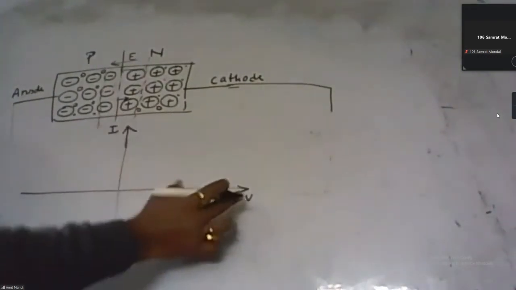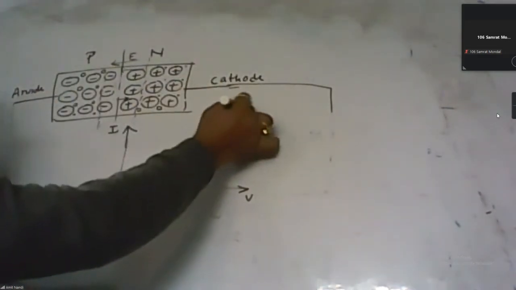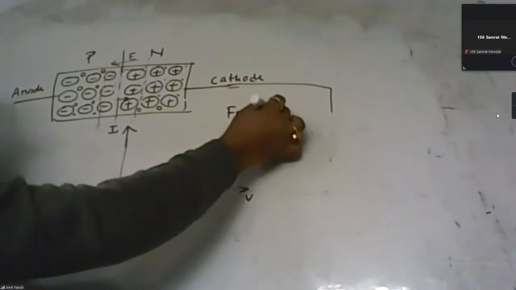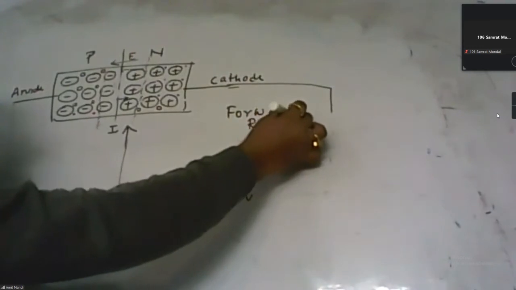If we apply some external supply voltage, then we can see the current flowing through the diode under the forward bias condition. And in the case of an ideal diode, we can consider the diode resistance to be 0. The forward resistance of the diode is 0.